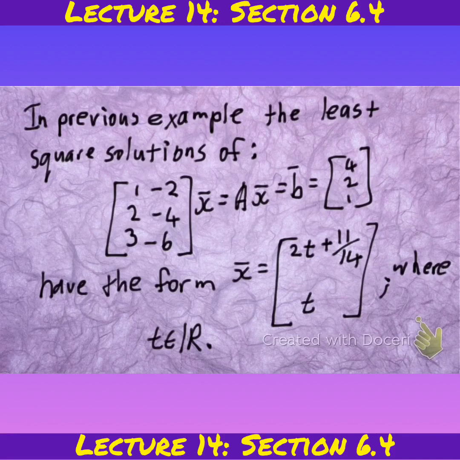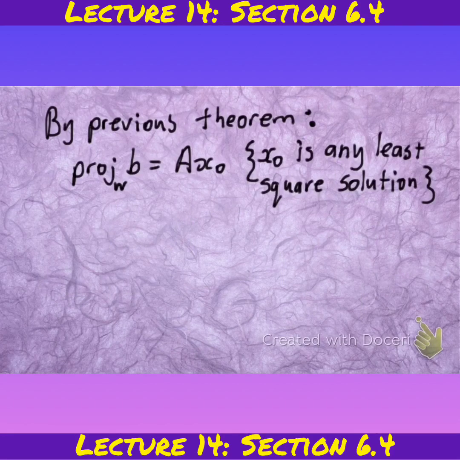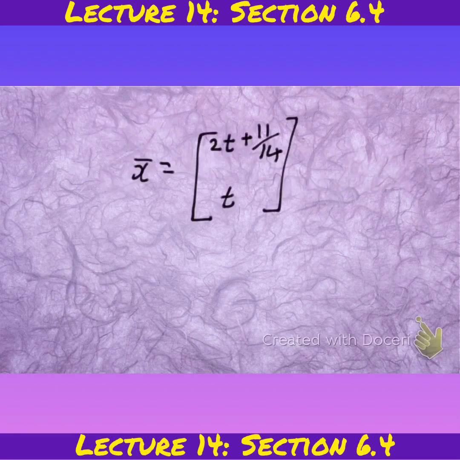Okay. Now what we are asked to find is the orthogonal projection of the vector B onto the subspace W. So by the previous theorem, the projection of B onto the subspace W is just A x0, where x0 is any least squares solution. Right, so let's take a simple x. Let's just make t 0.